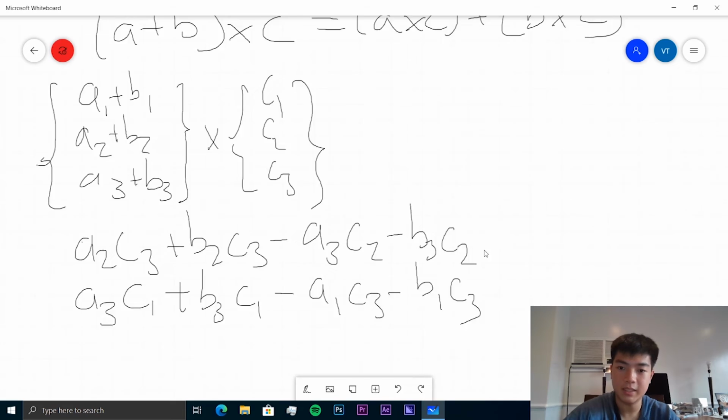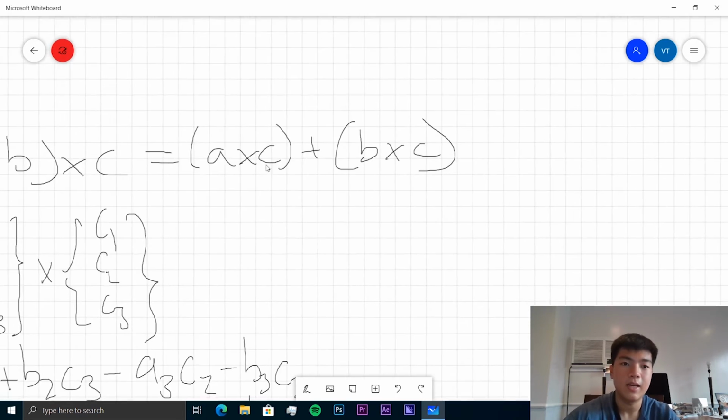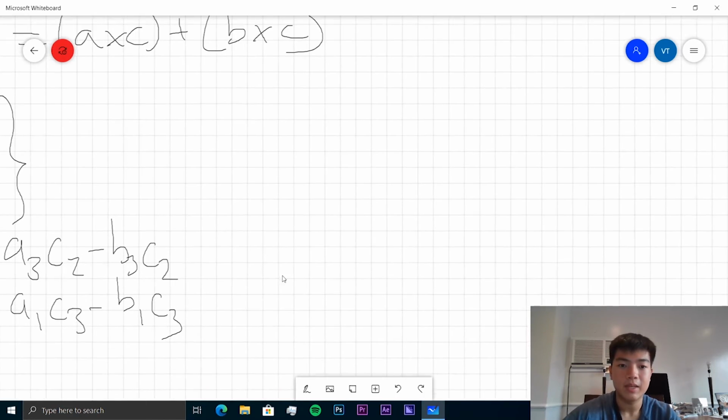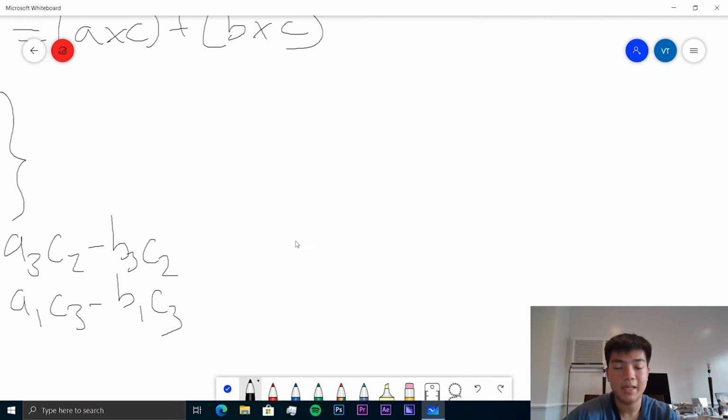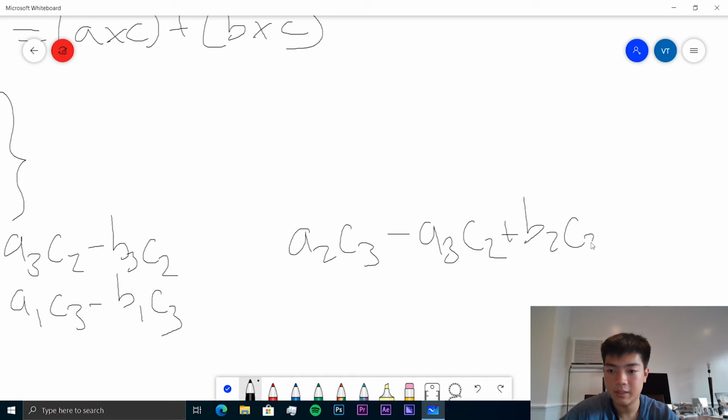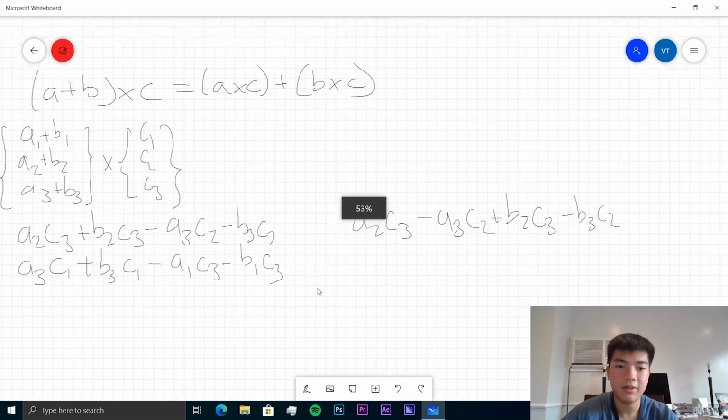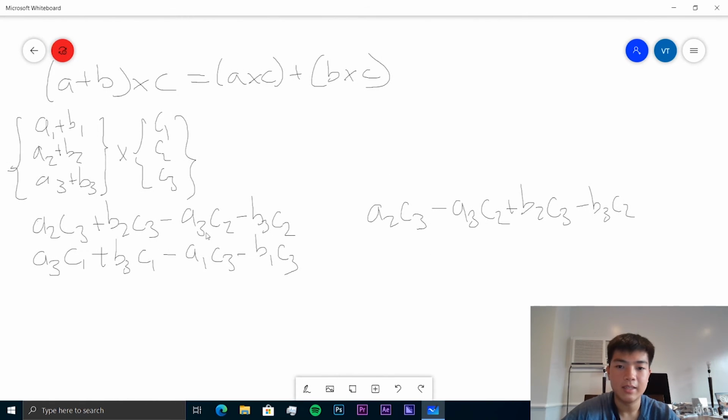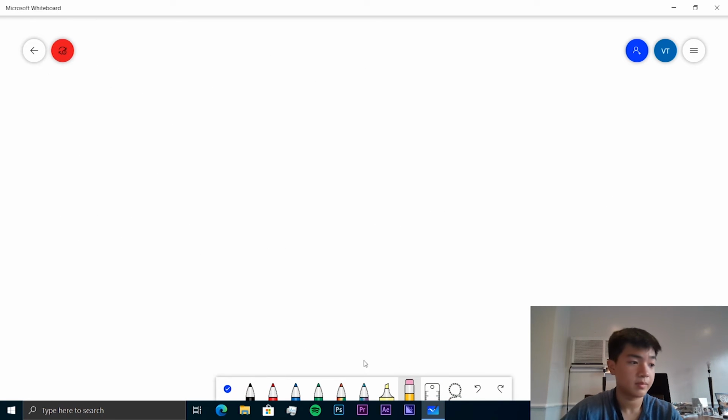And then similar for the Z, you can expand that by yourself. Here we have A times C plus B times C. A times C will be A2C3 minus A3C2, and then B times C will be plus B2C3 minus B3C2. And just comparing these two terms together, these two are equal. And if we expand the rest, they will also be equal.